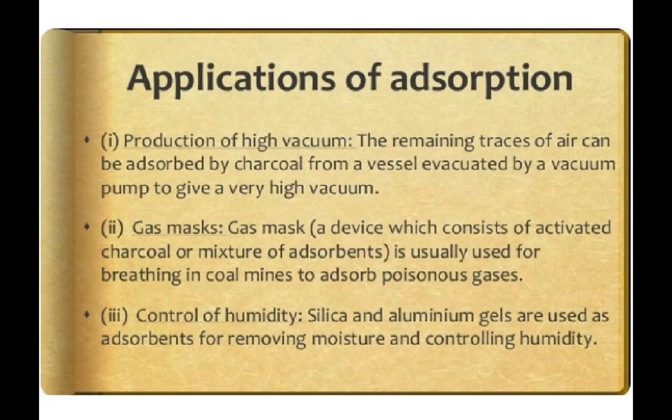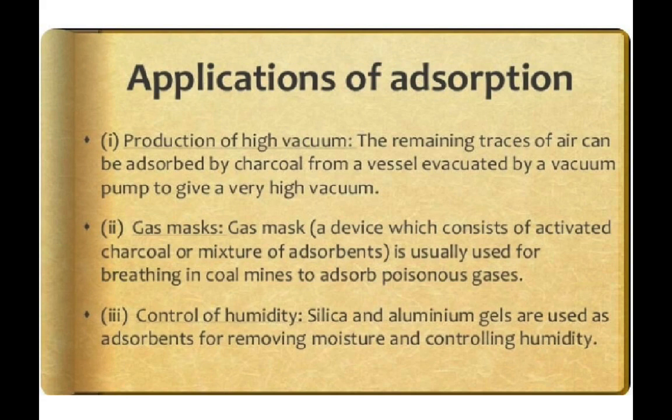And next we are looking at the applications of adsorption. As I mentioned earlier, I am repeating some of the important concepts again so that you can retain them well in your mind. Production of high vacuum: as you already know, traces of air are adsorbed by charcoal.